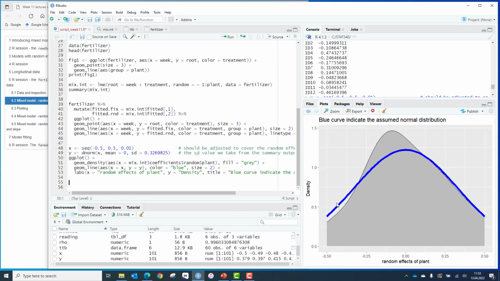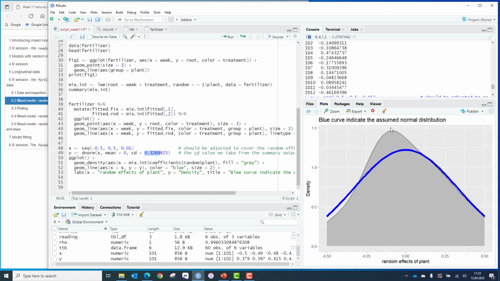So the thick blue curve here is the theoretical normal distribution having a mean 0 and a standard deviation this big. The gray shaded area here is a smoothed version of these data.